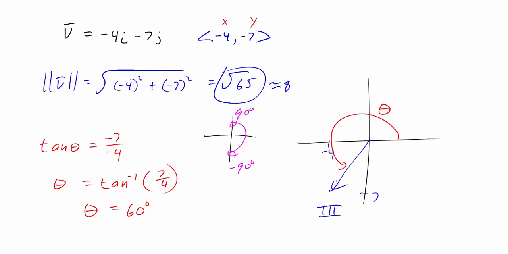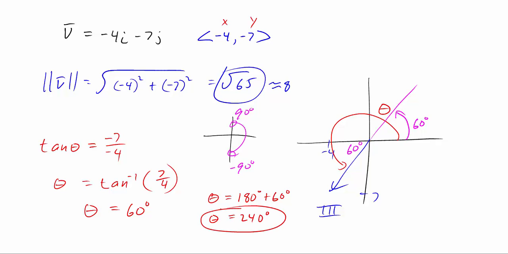And once again, we know that if we're in the third quadrant, it's got to be greater than 180. The angle that is here is 60 degrees, so that means the angle over here is also 60 degrees. So if we're looking for the angle theta, we're going to take 180 plus the 60 degrees, and you're going to end up with 240 degrees.